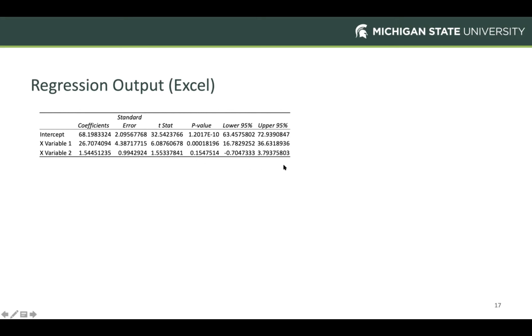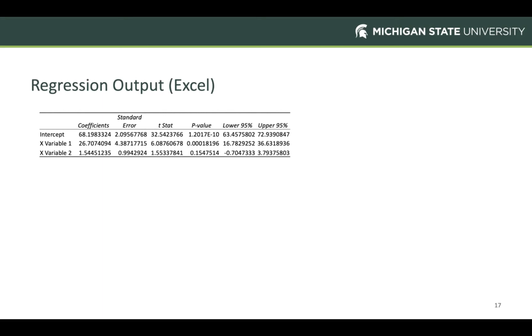We're also given upper and lower confidence limits on each of these coefficients. As we had seen previously for some of our statistical tests, these give us bounds that correspond essentially directly to the results of the hypothesis test. In the case of the intercept, this gives us bounds that indicate how far up and down that value would be shifted if we conducted repeated samples based on the information from these 12 observations.